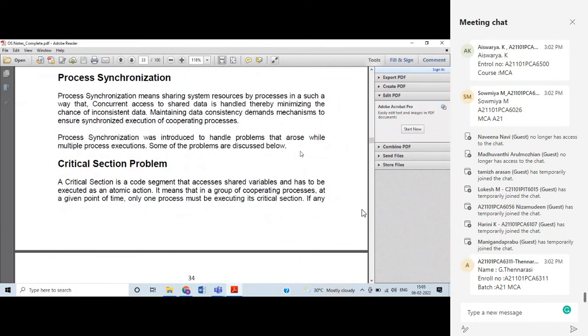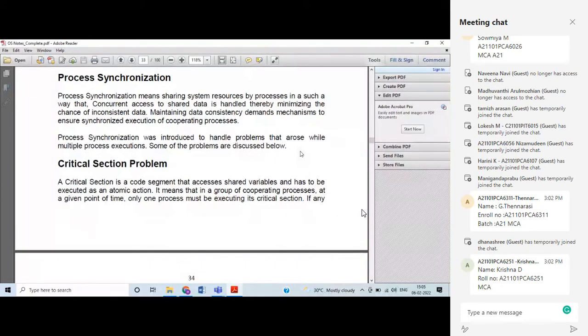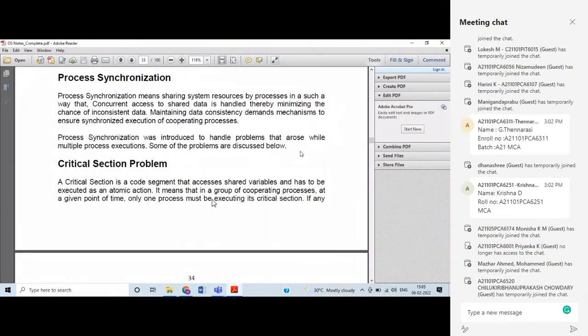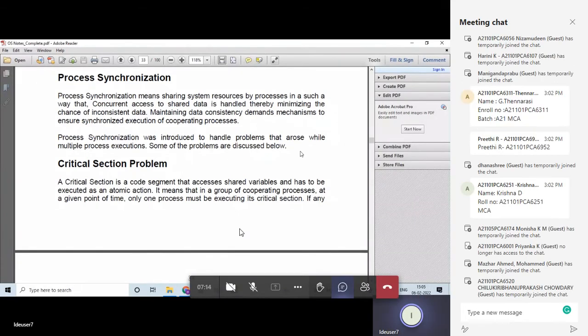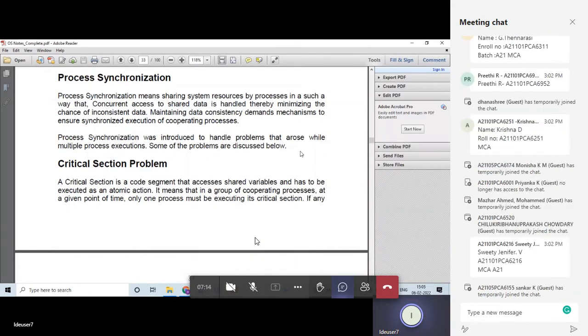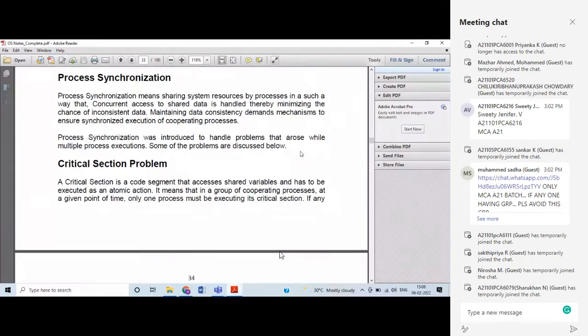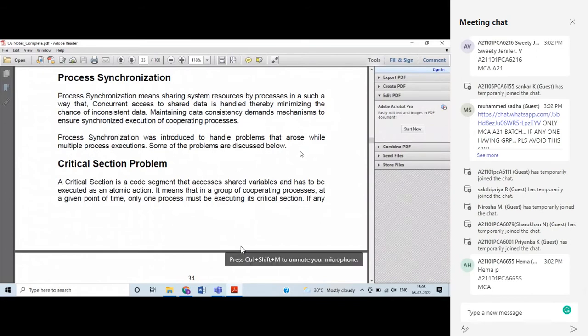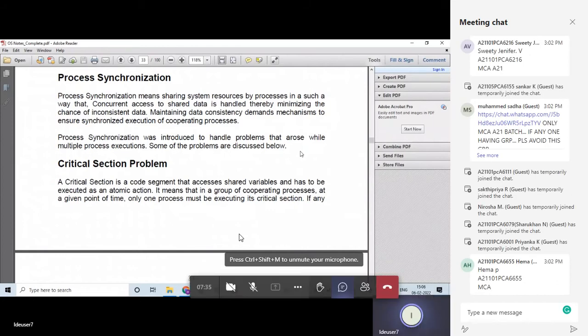At first, generally, what do you mean by synchronization? Suppose I have this Alexa, my tab and my mobile phone, and I have to synchronize my Gmail and all. So what do you mean by synchronization? Connecting those things with each other, with the help of my email ID.